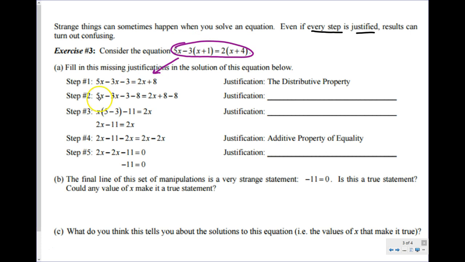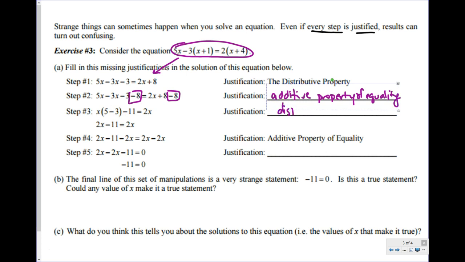The second step was, look, they're rearranging the terms again, I believe. Oh, no, I'm wrong. They are subtracting 8 on both sides. So that is the additive property, even though it's subtraction. It's the additive property of equality. The next step is that they're combining like terms here.